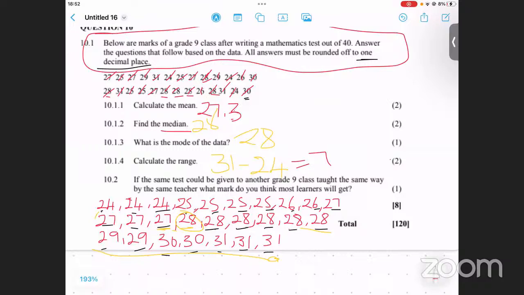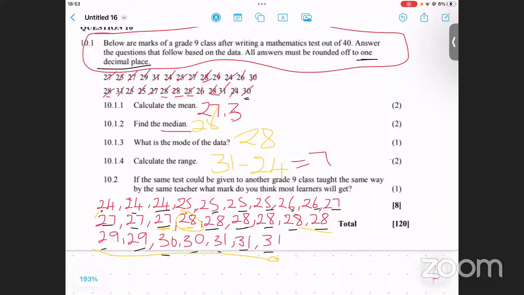This is a different way of them asking for a median, okay? Which is 28. So that means most learners will be getting a 28, because again, it also appears more.